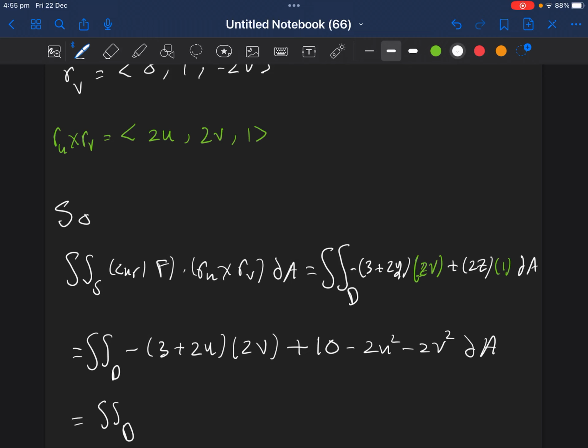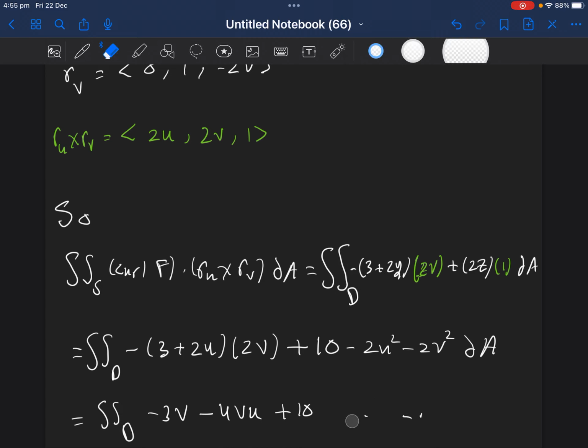So this would be just the double integral of negative 3v, negative 4uv plus 10 minus 2u squared minus 2v squared. Or just for simplifying things, I will take negative 2 as common here. So it will be u squared plus v squared.